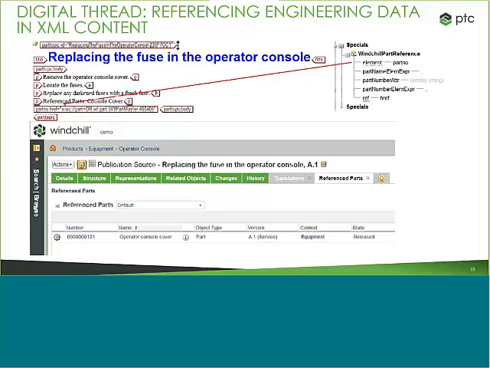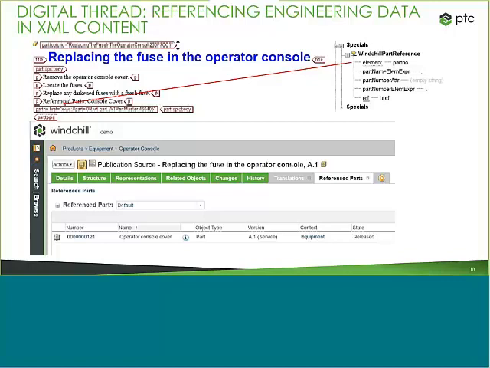It requires a certain amount of configuration. If you're publishing to PDF, it requires style sheet work, but it does provide the general ability to link your service content and your documents to specific parts in Windchill. Again, adding to our ability to keep this digital thread where you've got relationships between the engineering data and the service content.